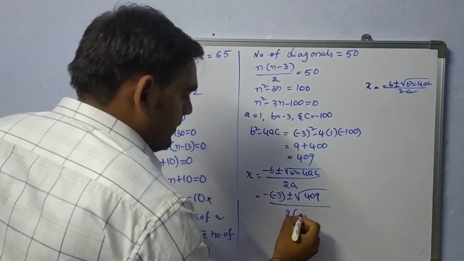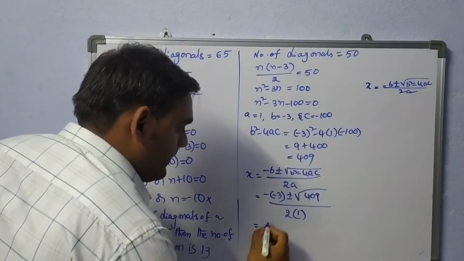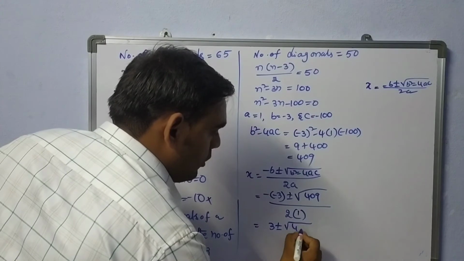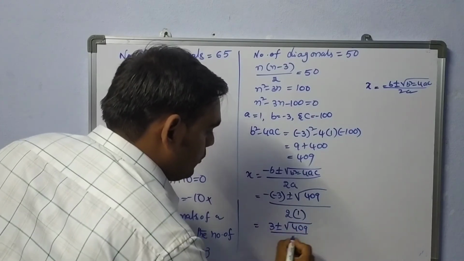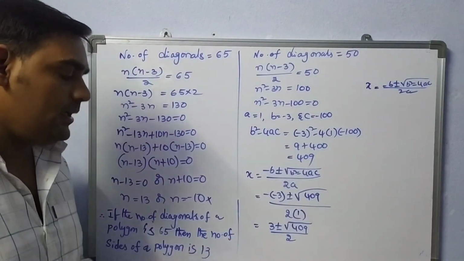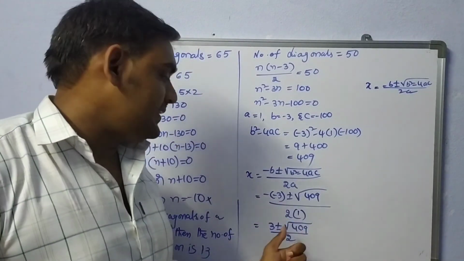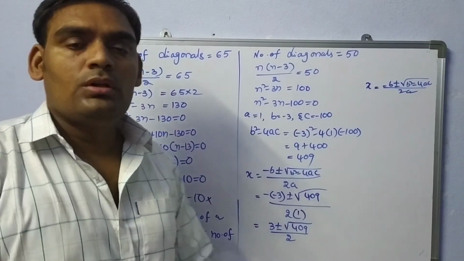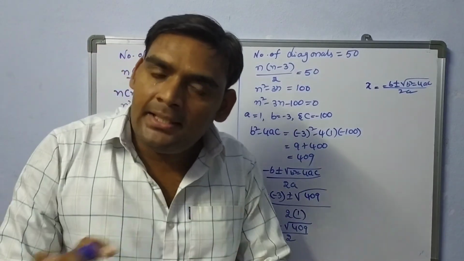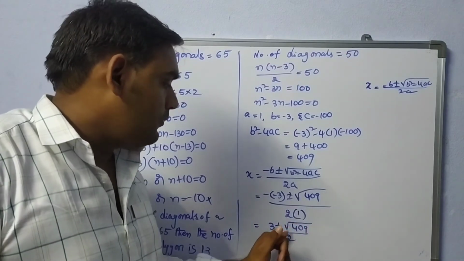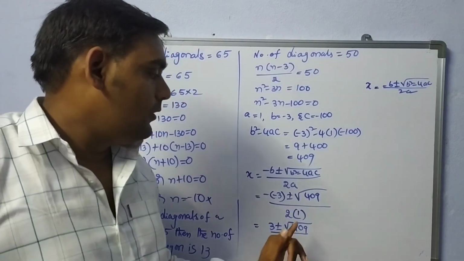What is the value of a here? 1. So here we will get 3 plus or minus square root of 409 by 2. See, the roots will be 3 plus square root of 409 by 2 and 3 minus square root of 409 by 2.